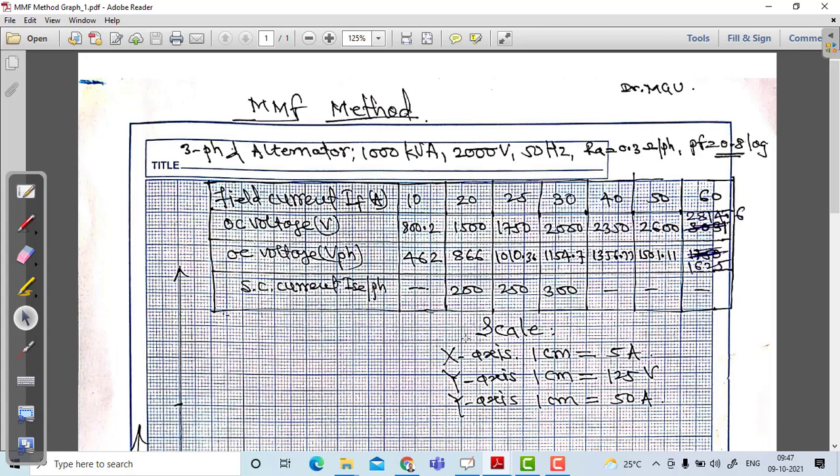We have to choose the proper scale. Now see, the open circuit voltages per phase range from 462 to 1501. So the scale considered lies on the y-axis, and therefore the y-axis scale is 1 centimeter equal to 125 volt. And on the x-axis there is the field current, and therefore on the x-axis 1 centimeter equals 5 ampere.